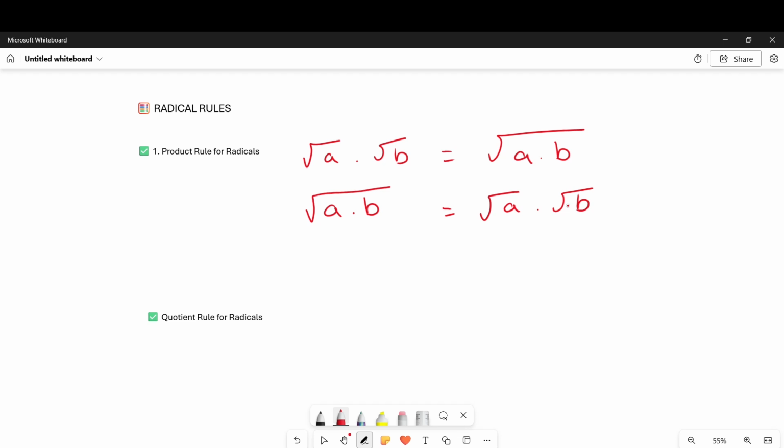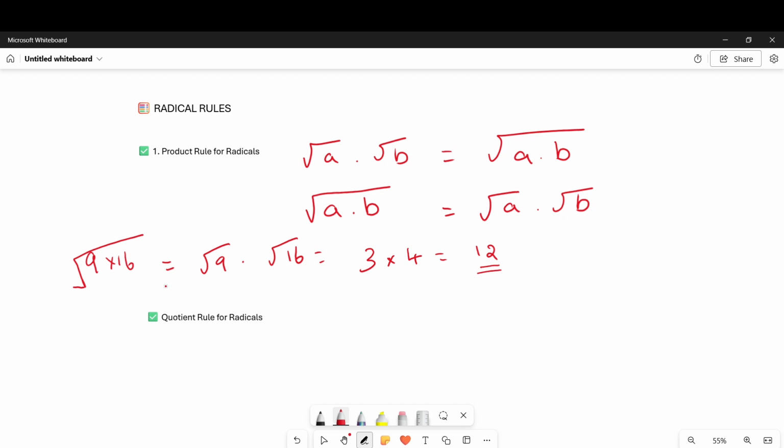For example, for 9 times 16 inside the square root, we can convert it into root 9 times root 16. You know root 9 is 3 and root 16 is 4, so the answer is 3 times 4, which is 12. Even if you don't apply the product rule, the final answer is 12.